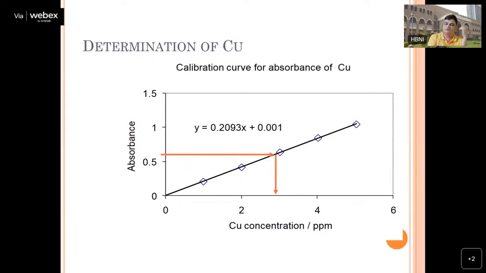In flame atomic absorption spectroscopy, if we prepare a 5 ppm copper standard solution and get an absorbance of about 0.7, then it means your optics is more or less working satisfactorily. Basically, it's a thumb rule for atomic absorption spectroscopy.